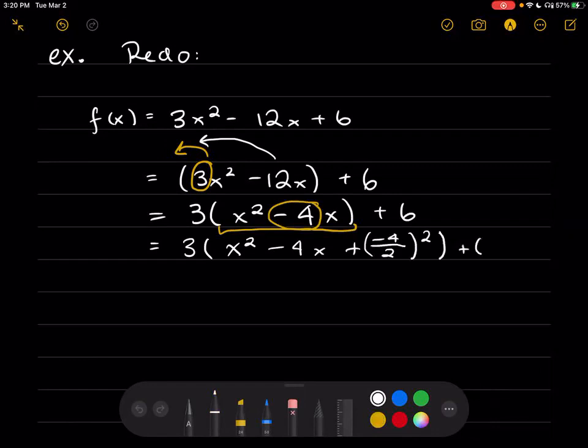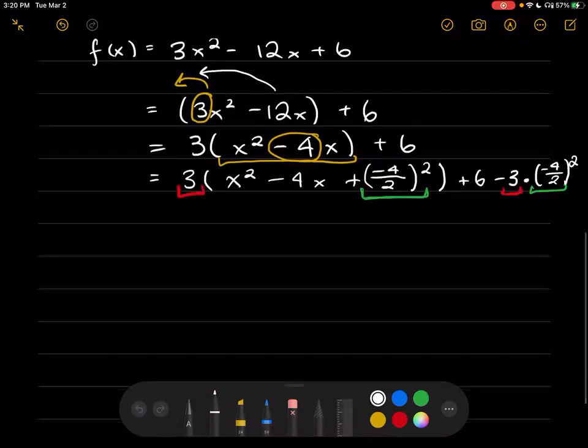And that's going to be plus 6 minus, and that's going to be this leading number here, 3 times this thing here. So we're subtracting that away, and we're doing that to make sure that we can still say that this is equal. We're adding and subtracting the same thing, so it's still equal.